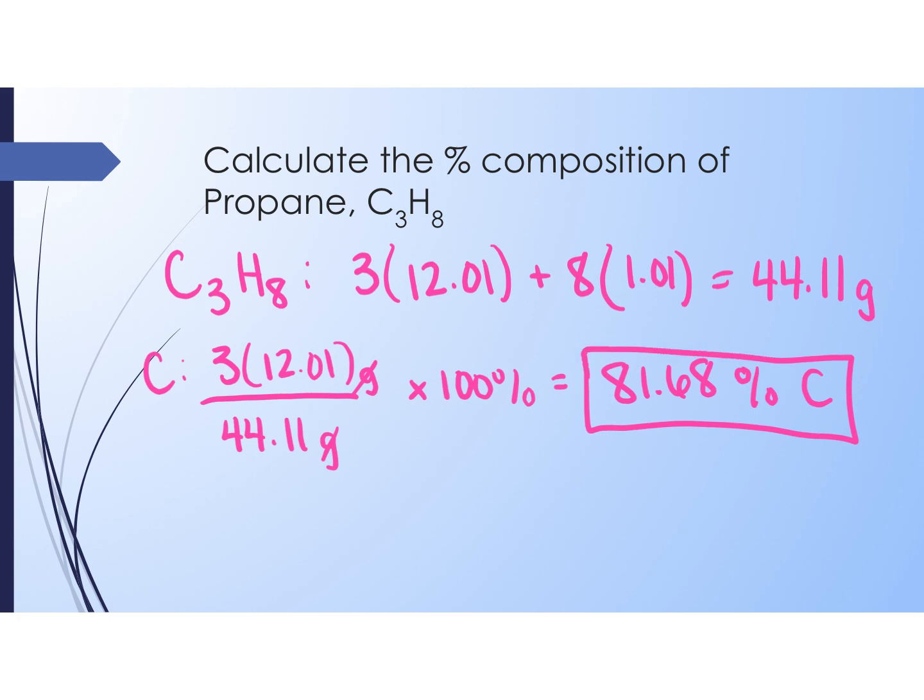So now what's the next step? Okay, same thing for hydrogen. How many times are you going to use hydrogen's mass? Okay, so 8 times. And then what are you going to divide that by? 44.11. Okay, again, that total. So again, I would divide this, get your answer, and then multiply that answer by 100.